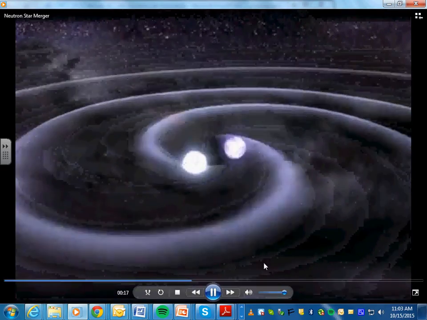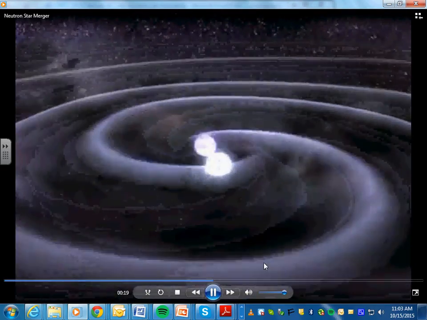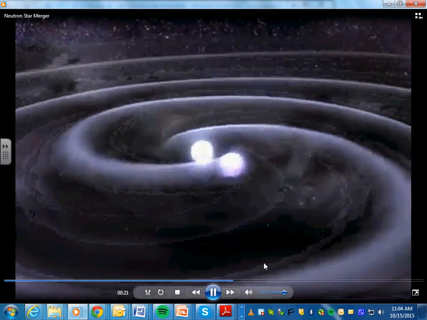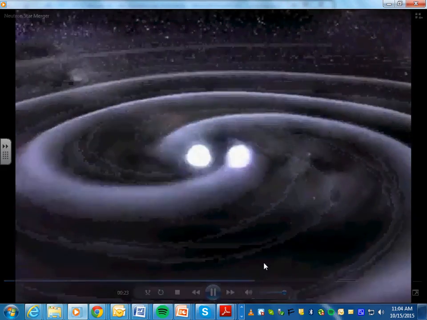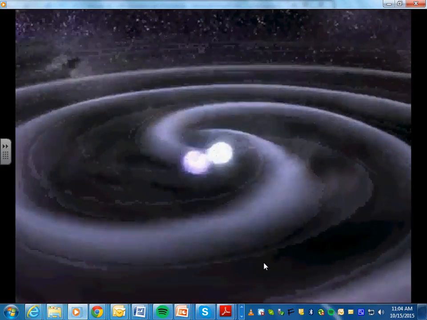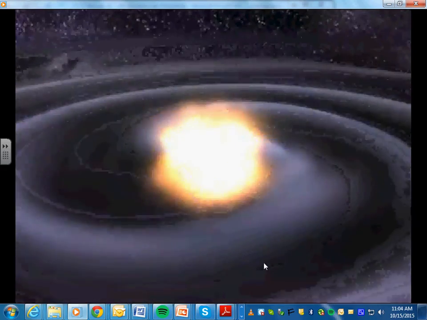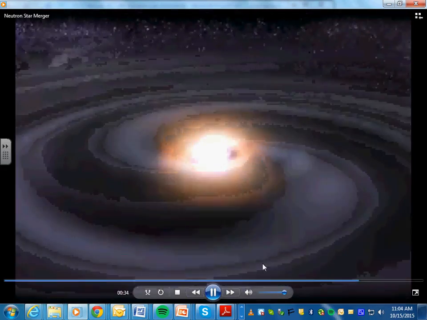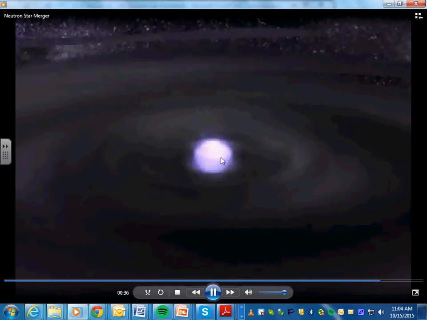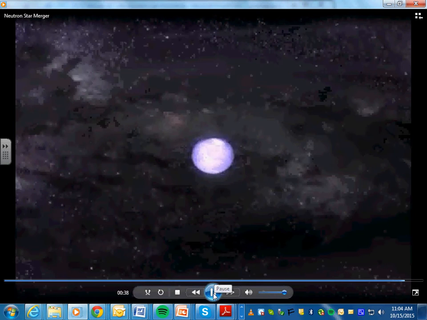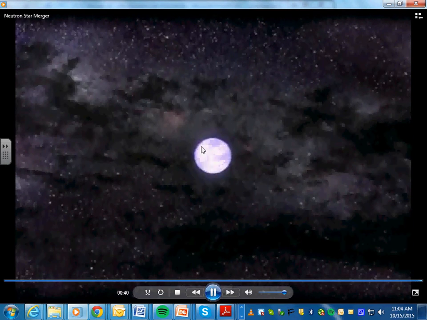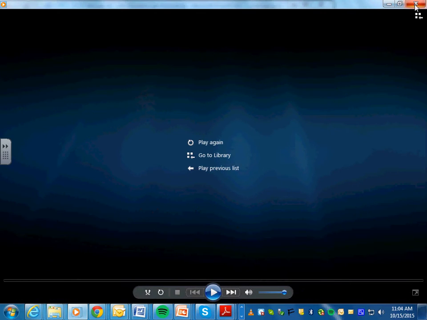And so what's happening here is they're getting faster and they're getting closer, and obviously just like a ballerina or an ice skater, eventually they get so close that they come together and they join. And so pretty cool. I think it's definitely a cool image, and this does happen out there. This has obviously been made up, but this does happen.